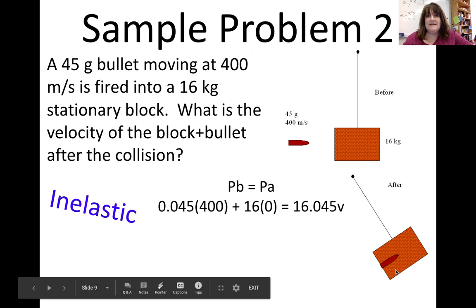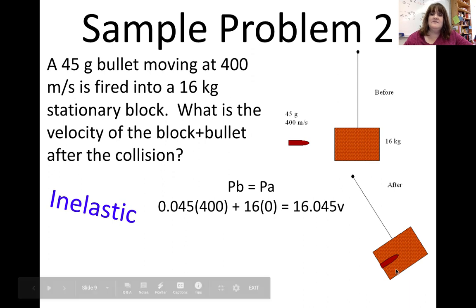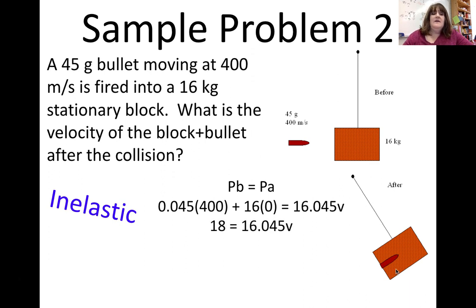The bullet is inside the block, v. 18 then is equal to 16.045v, dividing. We get v to be 1.12 meters per second.